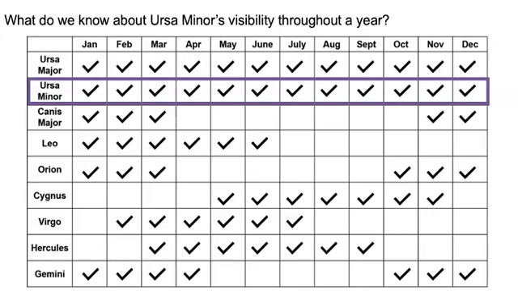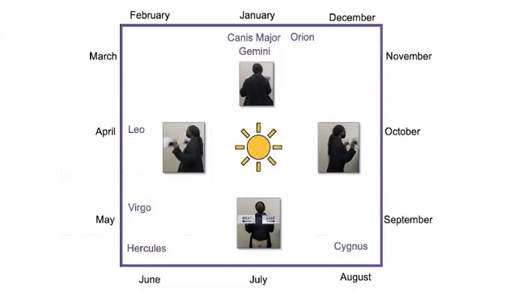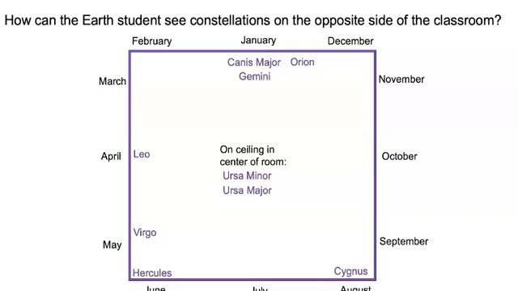How interesting. So where can we add Ursa Minor and Ursa Major on this model? Do you think we can add them to the ceiling? That's a great idea. How can the Earth student see constellations on the opposite side of the classroom?